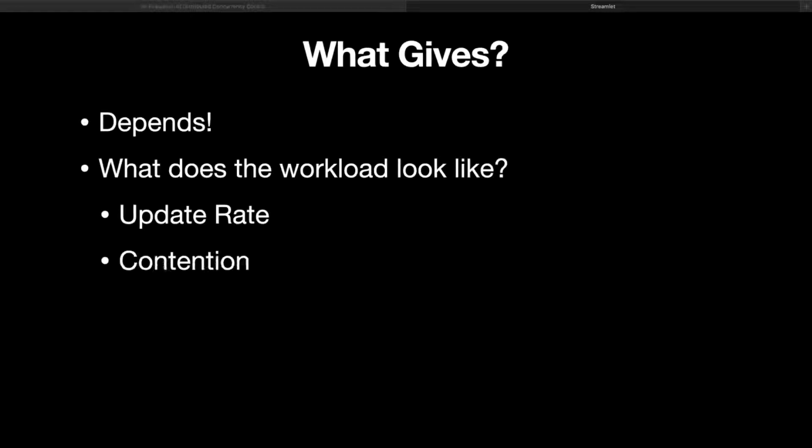And the second part is what the contention characteristics in the workload are. There could be workloads of transactions that are just accessing a single record. Then there could be some workloads in which the records that the transactions are accessing have a more uniform distribution.